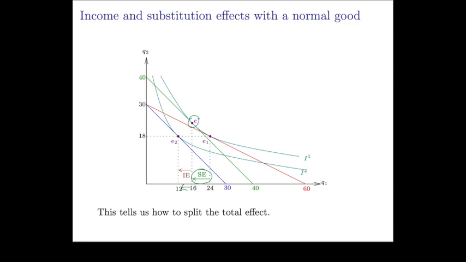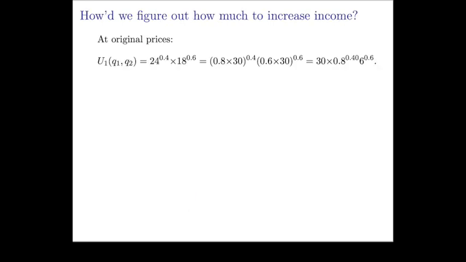Now you might wonder, how the heck did we find out that we needed to give him $10 more to get him from 30 to 40 in order to bring them back to this indifference curve I1? Well, let's look at that. What we're going to do is first calculate the consumer's utility at the original prices.